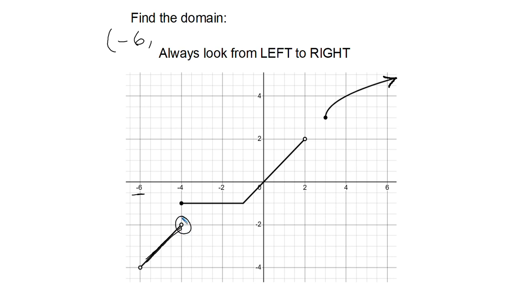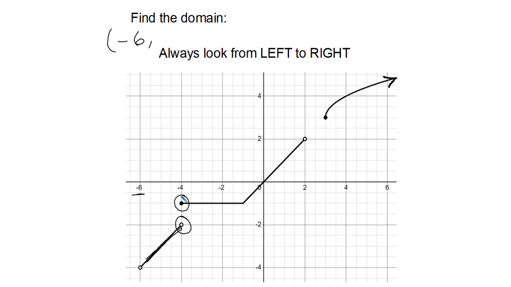But right here at -4, it looks like we should have a discontinuity. I mean, we have a discontinuity, but it looks like we should have a break in our domain, right, where we should not include -4. But if we look up here, there's actually a closed endpoint at -4 also. So we don't actually have to exclude -4 from our domain.